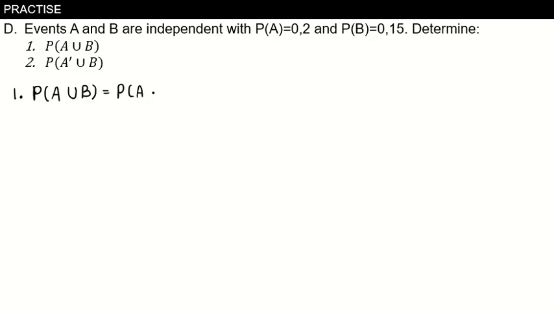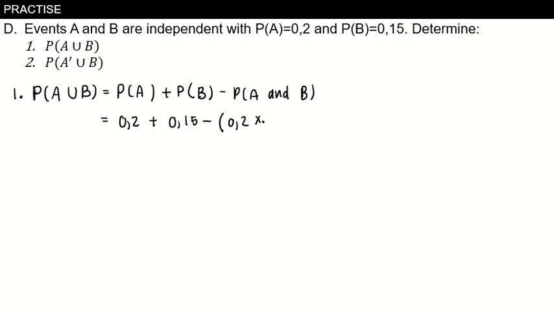The probability of A or B is the probability of A plus the probability of B minus the probability of A and B. In this case, we know that the probability of A is 0.2, probability of B is 0.15. To calculate the probability of A and B, since these events are independent, we can take the probability of A and multiply it with the probability of B.